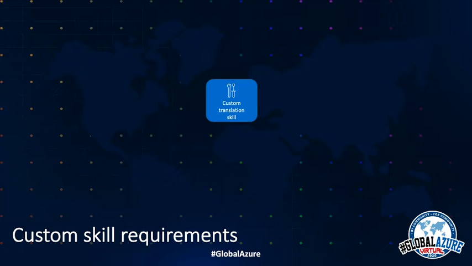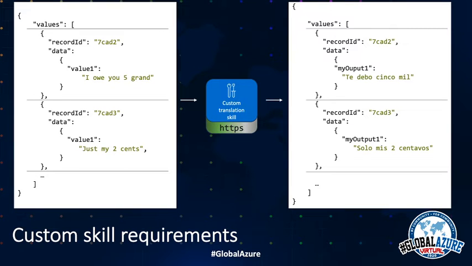So what are the custom skills requirements? Basically, they need to agree with a specific format. They need to return the information as a values collection, which is made of these elements, some record ID and the data itself.